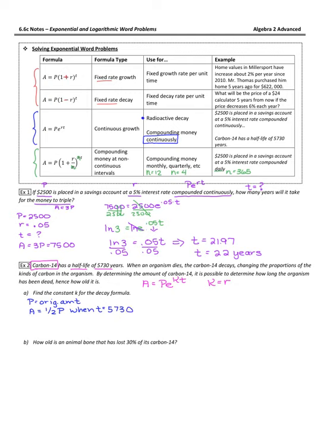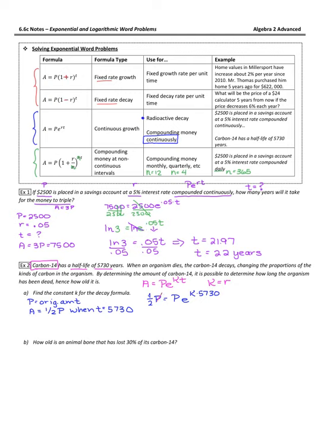From there, we can set up our equation and solve. So this is going to be half of P equals P e to the k times 5730. So the 1/2 P and the 5730 go hand in hand, and now we start to solve.